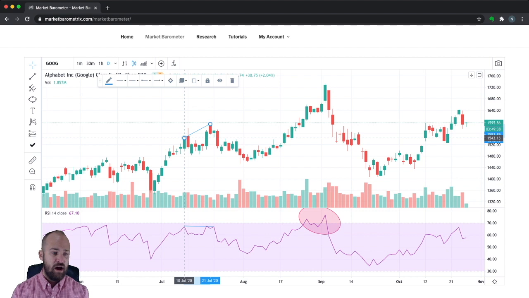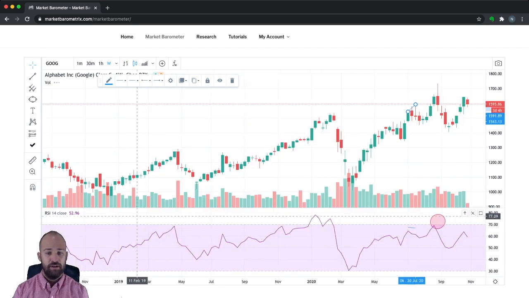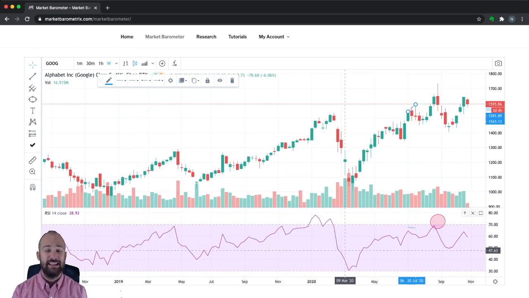To that end, RSI can be used on a longer term scale, and that has to do with the time frame of the chart that you're using. So right now we're looking at daily candles and daily readings in the RSI. If we come up here and change this from a daily reading to a weekly or monthly reading, well, now that 14 period look back is going to be 14 weeks as opposed to 14 days.